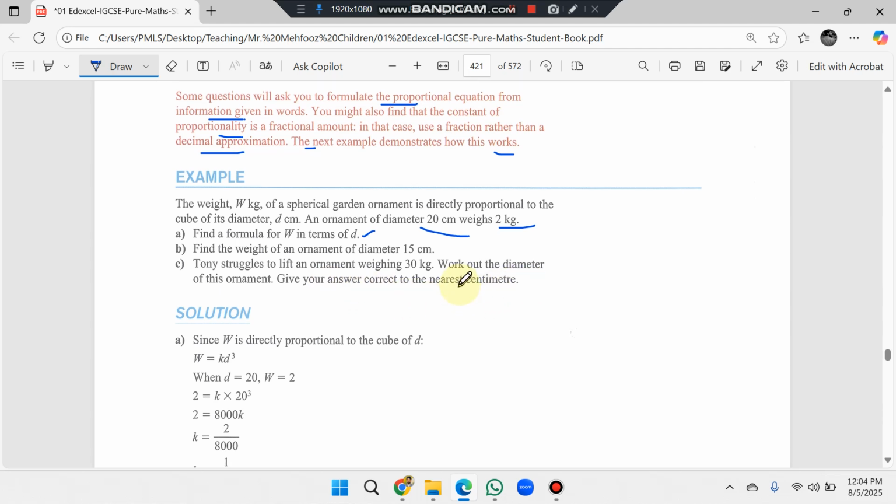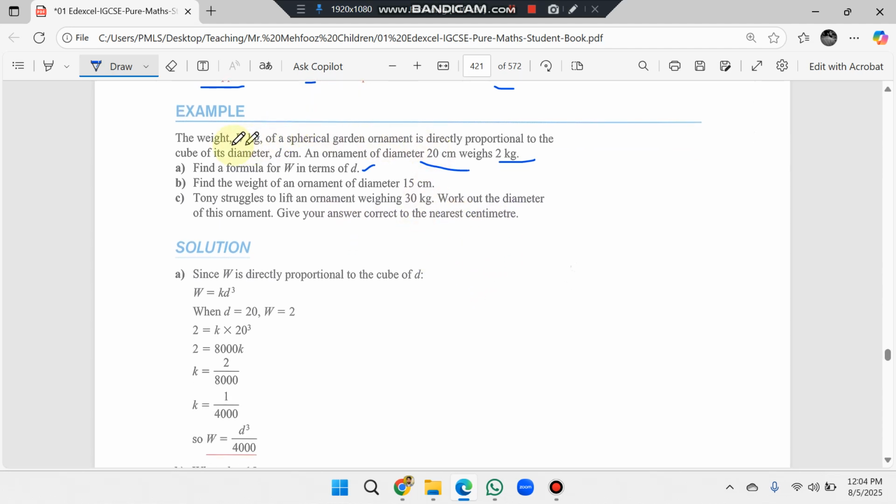So here in this case, first of all, you can see that W is directly proportional to the cube of the diameter. So we can write it as W is directly proportional to D cubed. When we remove this proportionality sign, we can write it as W equals k d cubed.